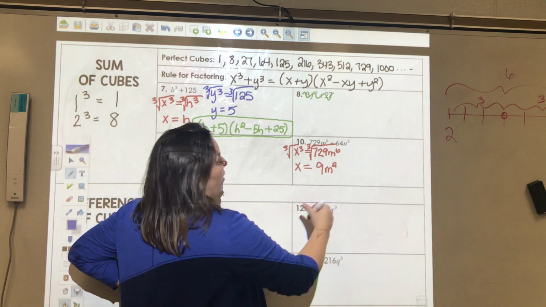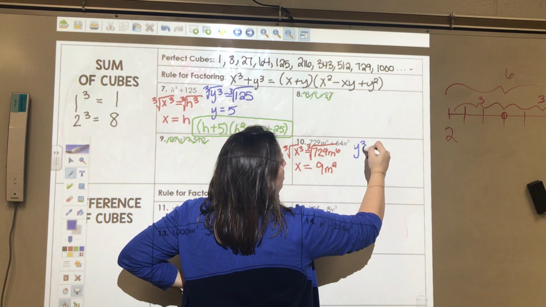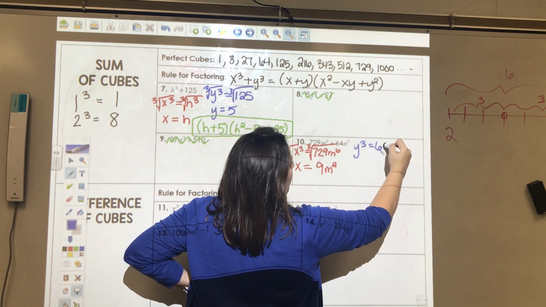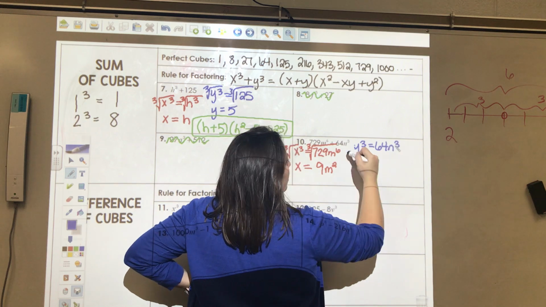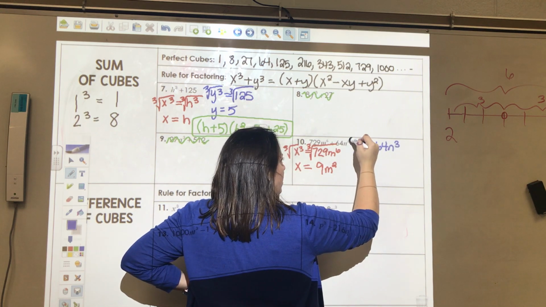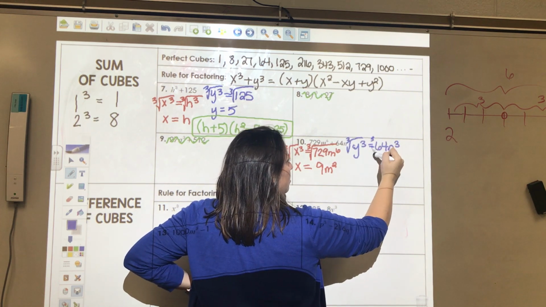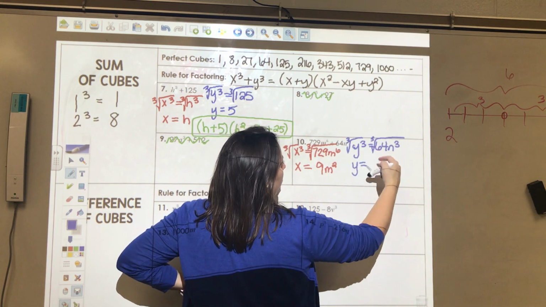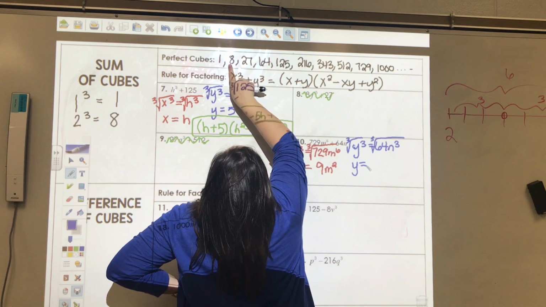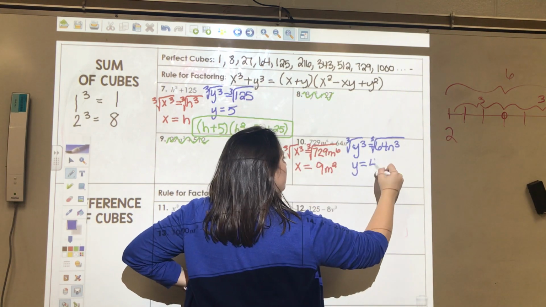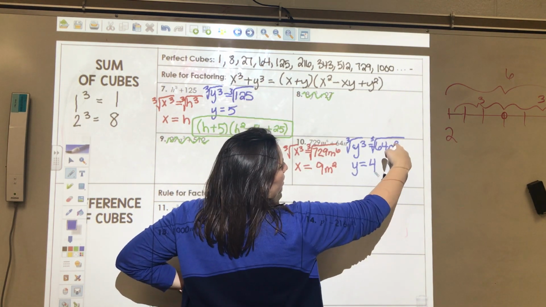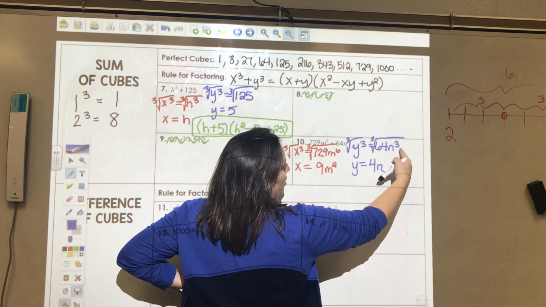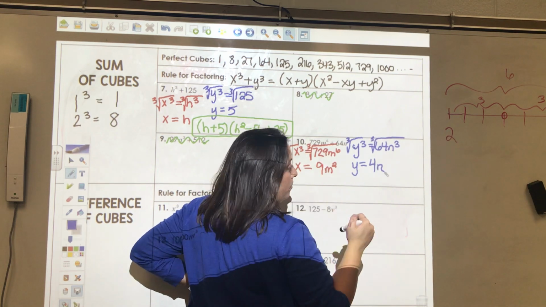So I also know that y cubed is this right here, so 64n to the third. I need to figure out what y equals, so I need to cube root both sides. The cube root of y cubed is y. The cube root of 64, 1, 2, 3, is 4. The cube root of n to the third is just n, because 3 divided by 3 is 1.